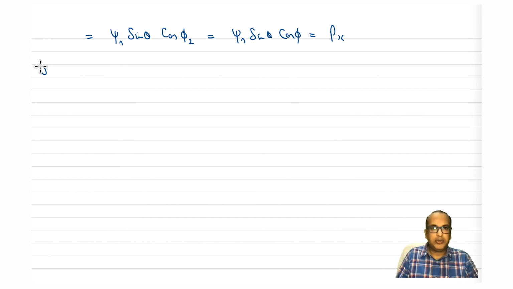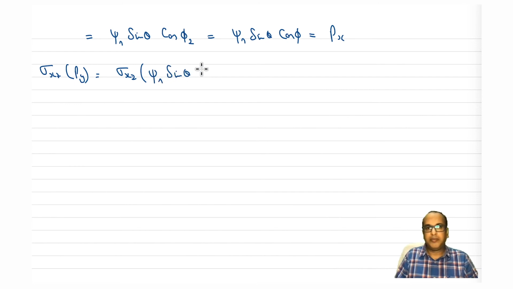Now let's do sigma xz on py. Now we'll see that this will be sigma xz on psi r sine theta sine phi, and this turns out to be psi r remains as psi r sine theta, and this becomes sine phi 2, right?